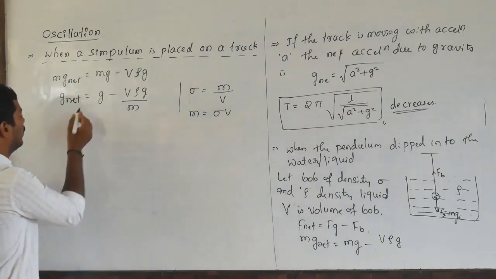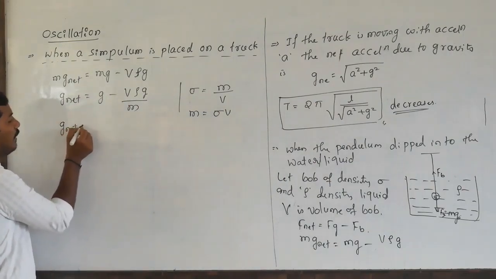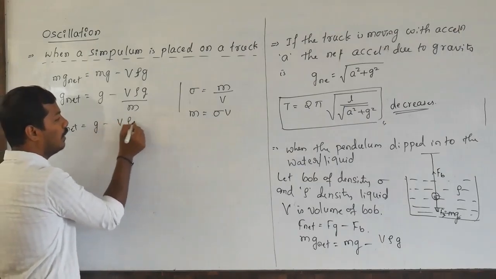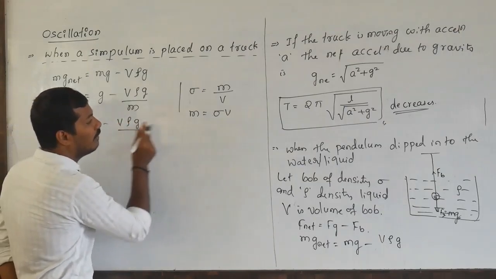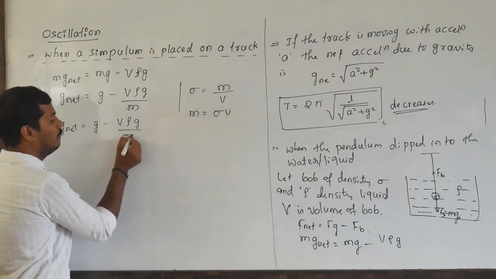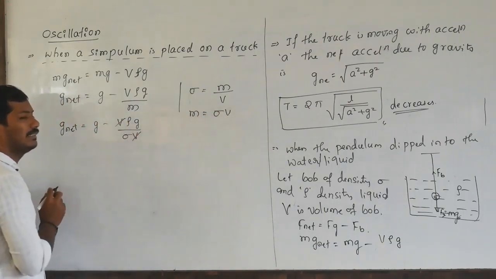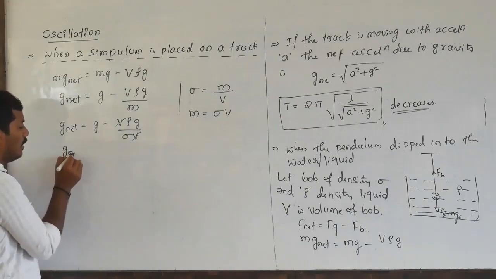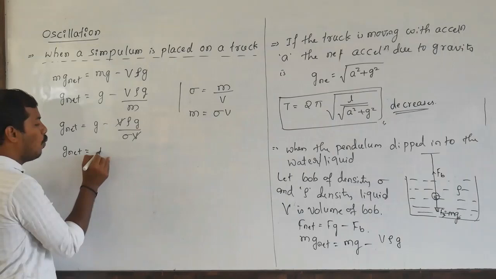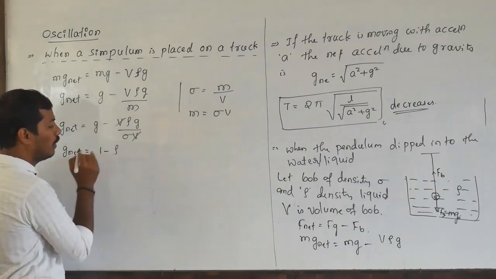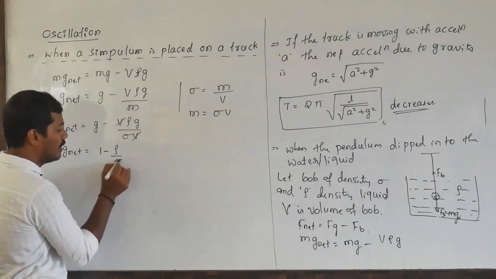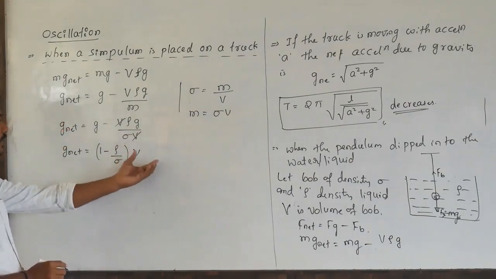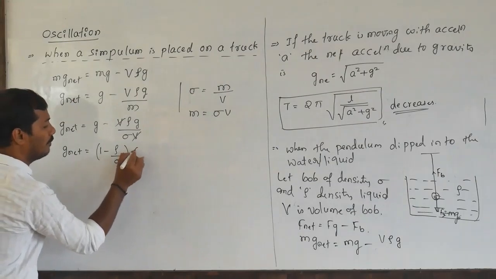Substituting, G net is equal to G minus V into rho into G divided by sigma into V. Then the volume cancels. Then G net is equal to G into 1 minus rho divided by sigma. G is common in both terms.